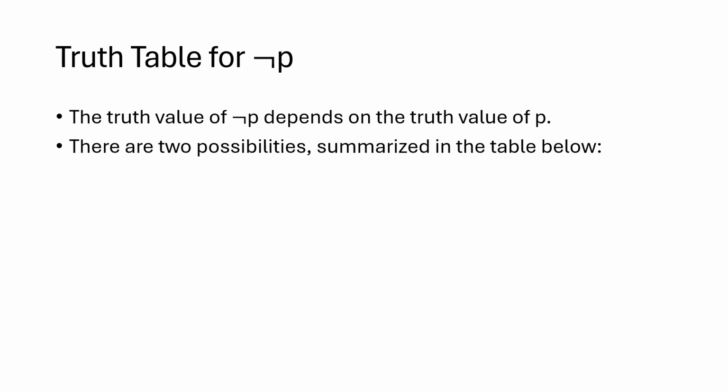But here, since there is only one proposition involved, it's just P, there is no P and Q, there are only two possibilities. It's either that P is true or false, which means our truth table is going to have only two rows.